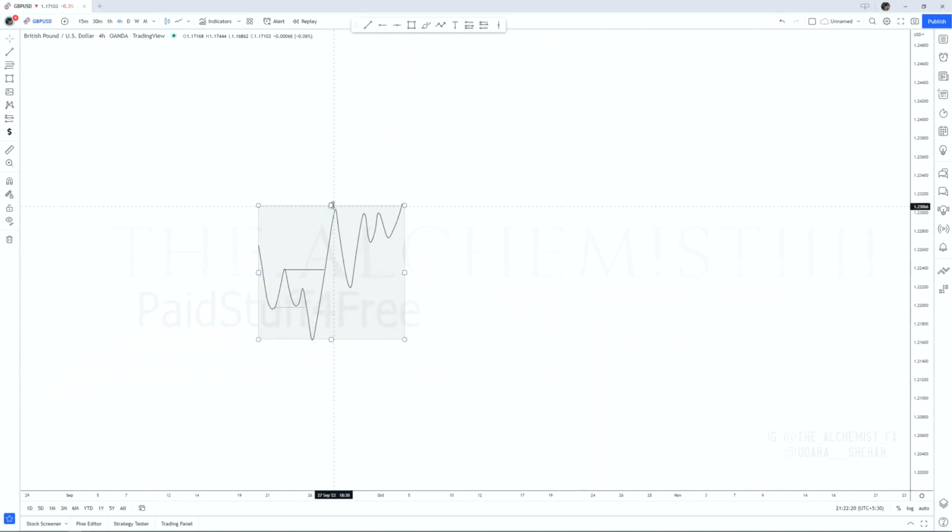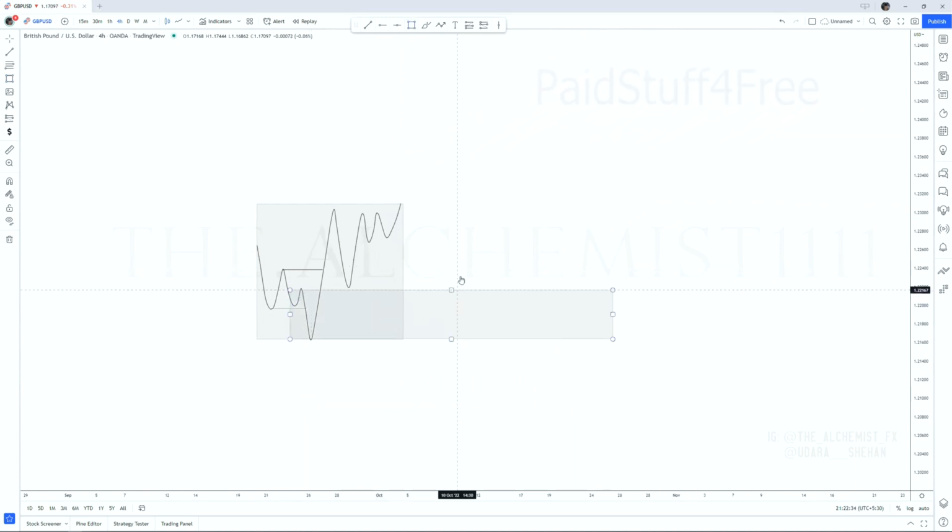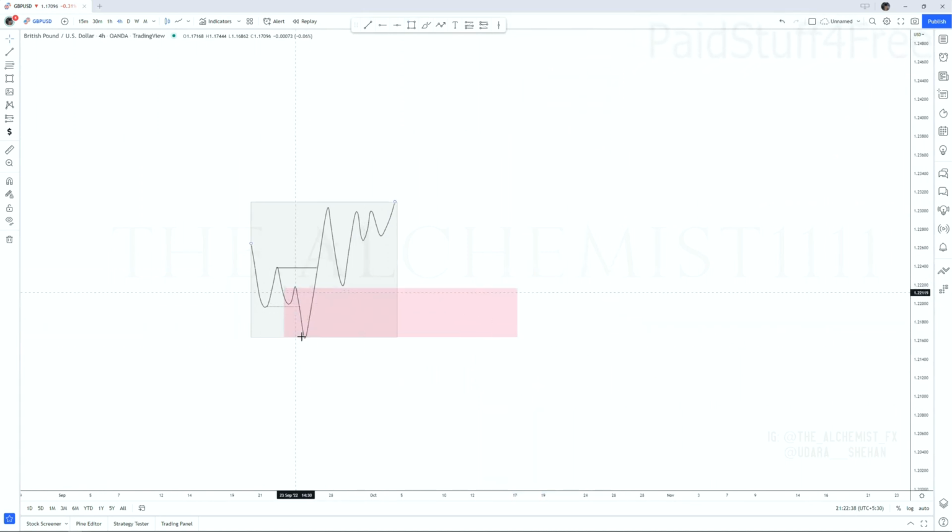A mitigation into what? Remember, when Asia is a strong low, on the 4-hour time frame, an order block or else a rejection block will be created in this area.